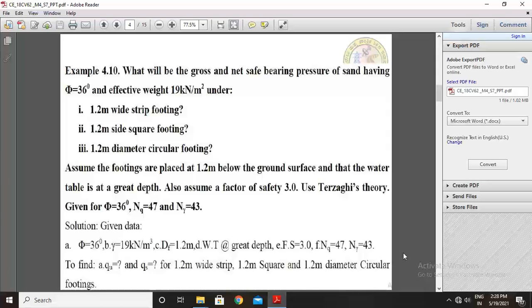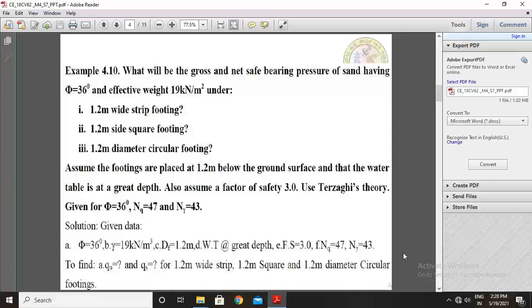Assume the footings are placed at 1.2 meter below the ground surface and that the water table is at a great depth. Also assume a factor of safety of 3.0. Use Terzaghi's theory. Given for phi equal to 36 degrees, Nq equal to 47 and N gamma equal to 43.